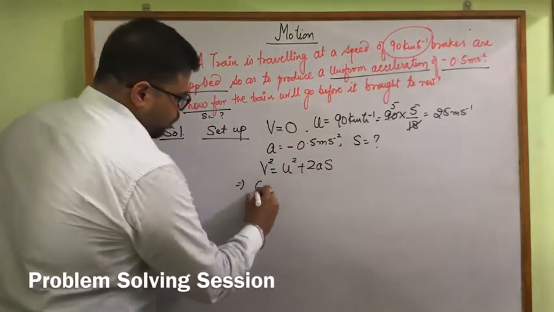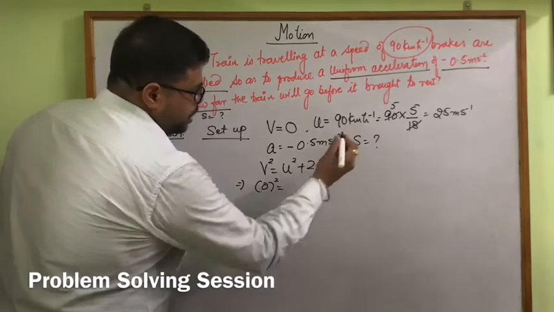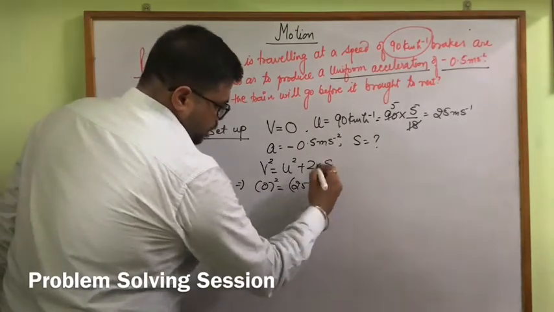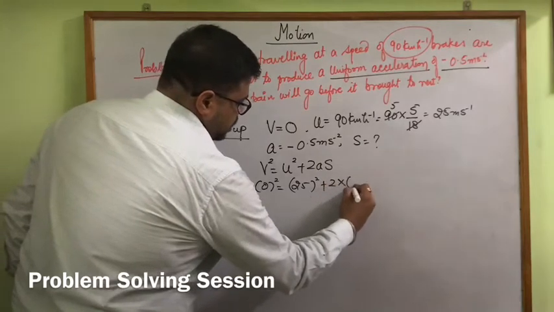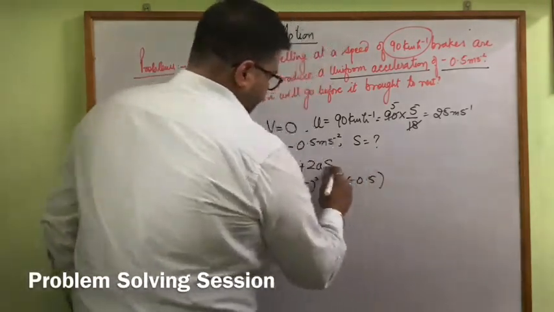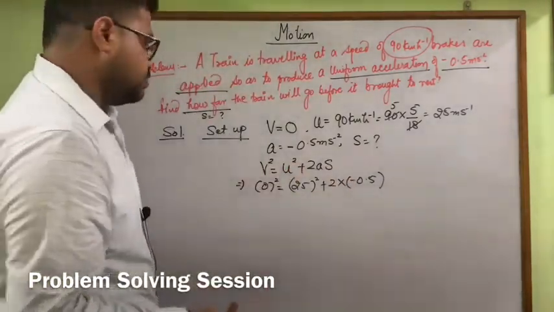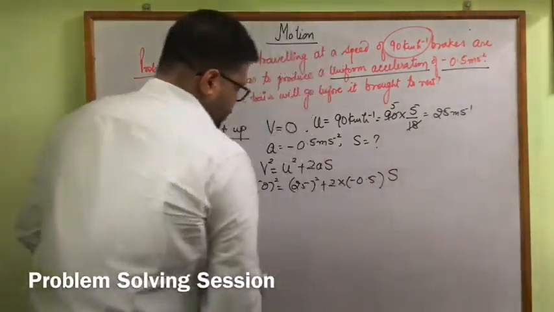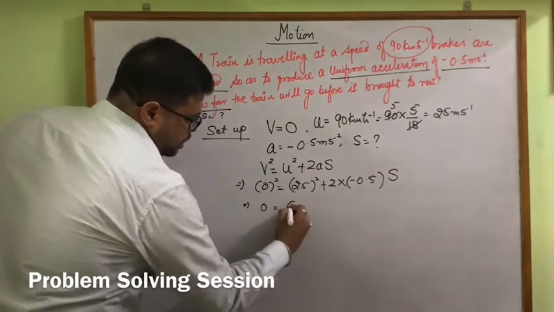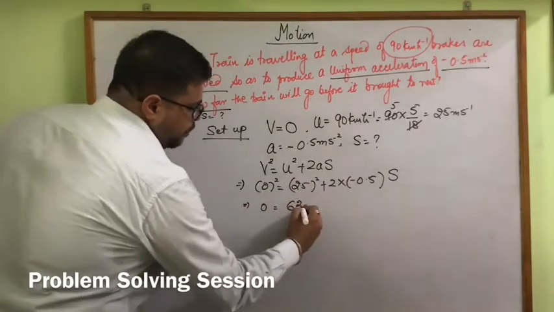So v squared is already 0, u is 25 whole squared, and a is minus 0.5, and s we have to find out. 25 squared is 625.